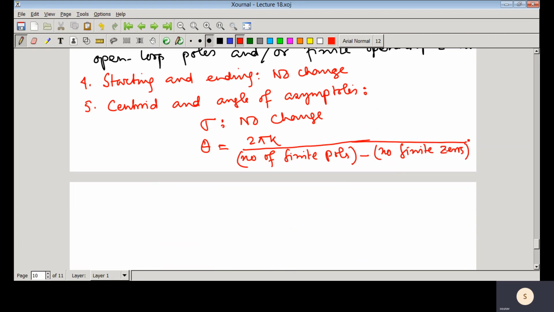So here there is a change in that formula, and here this k is 0, plus minus 1.